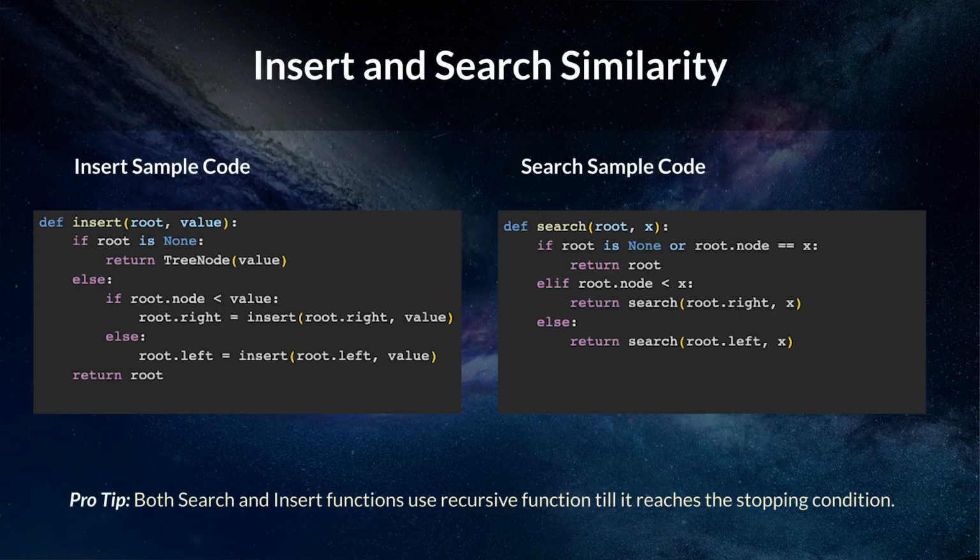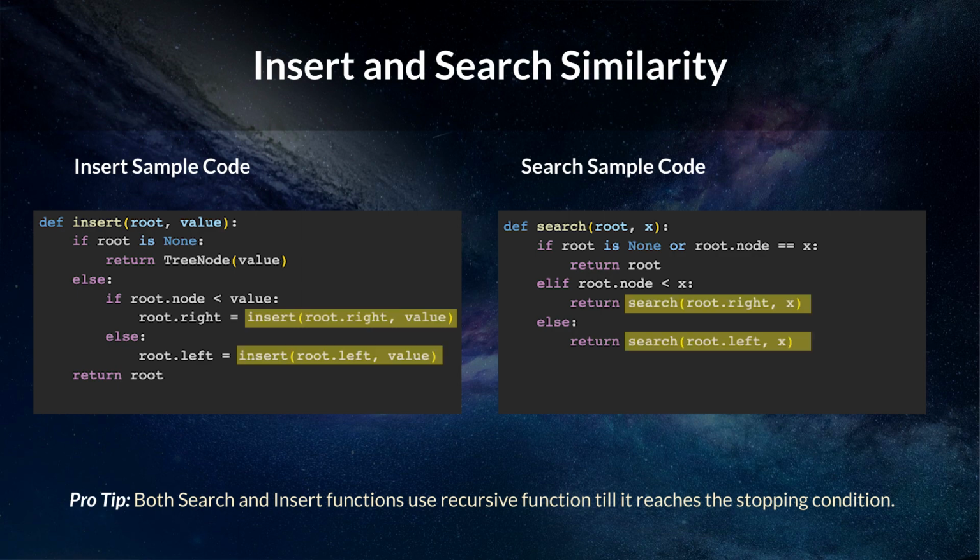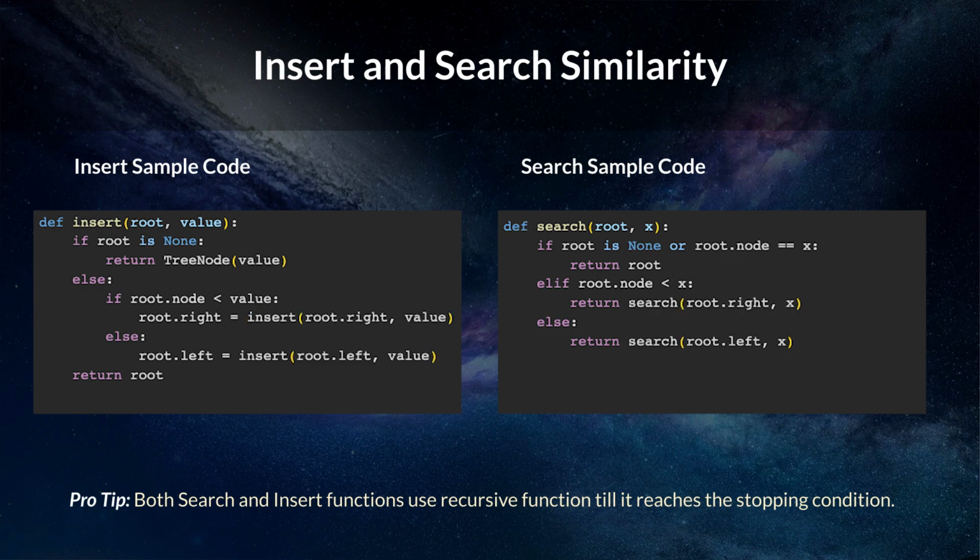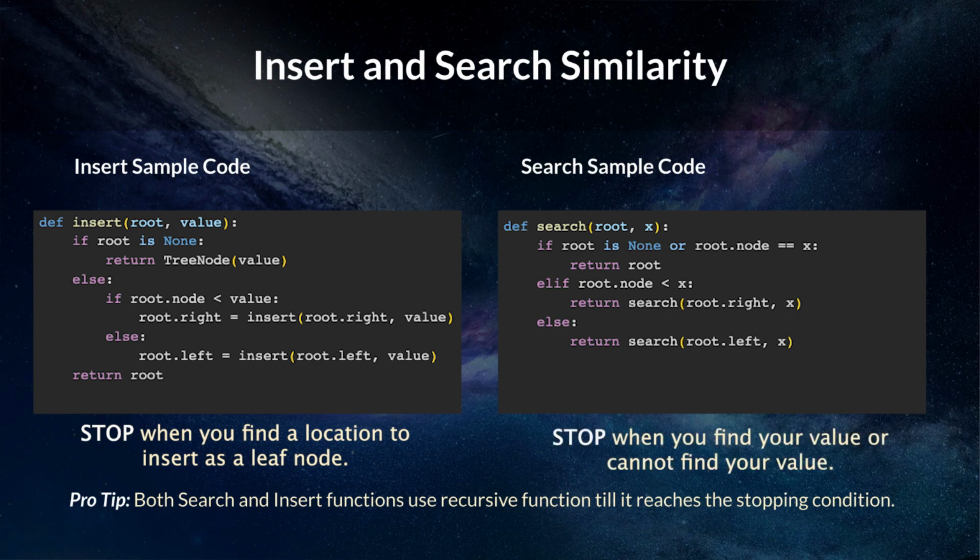As you can see, both search and insert functions are very similar in nature. The key here is to use recursive function until it meets the stopping criteria. For insert is when you find the location where you can insert the value as a leaf node. For search is when you either find the value or you search through the entire tree and cannot find it.